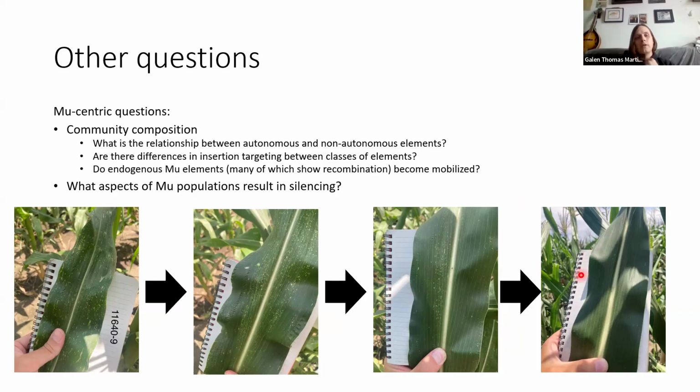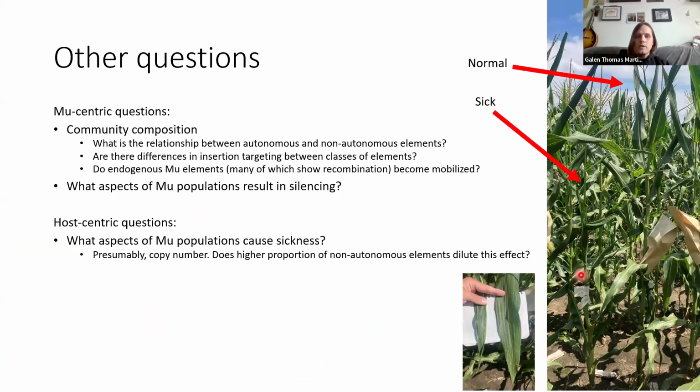So we have all of these different populations of mu, and we can look at which ones become silenced and try to figure out if there's some aspect of mu insertion within these mu populations that tends to trigger this silencing.